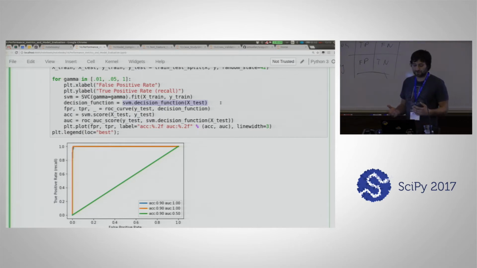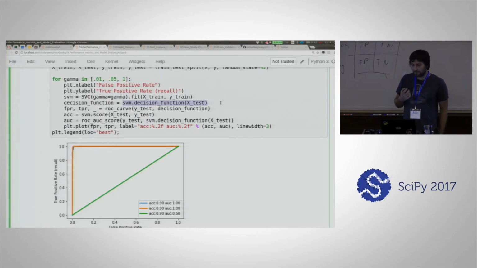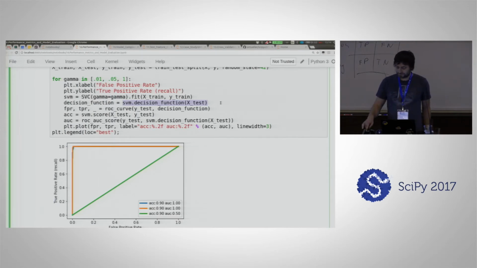This is a binary task, so I get a number somewhere between negative infinity and positive infinity that tells me how much the model thinks it's class 0 or class 1. If I call predict, it gives me 0 whenever the decision function is below 0, and 1 whenever it is above 0. But this cutoff is often not a good choice, as I mentioned earlier.